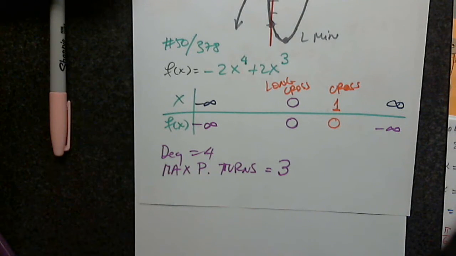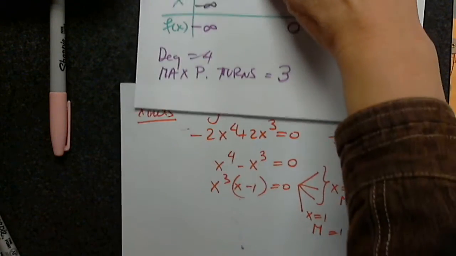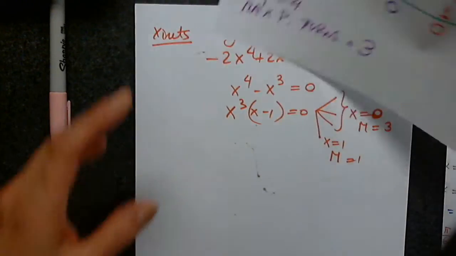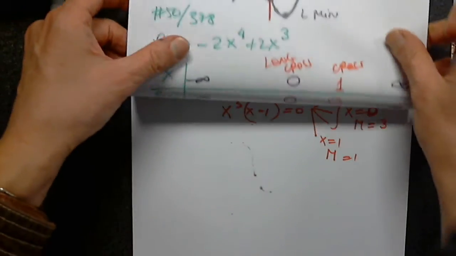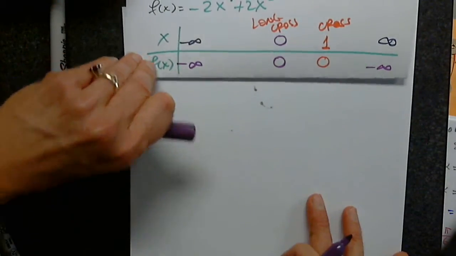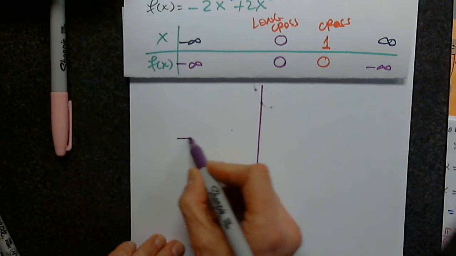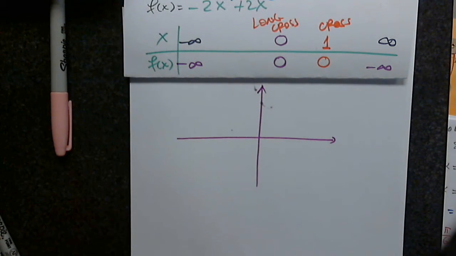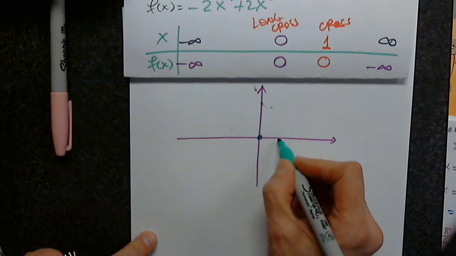We really don't need a calculator, right? Unless you want to determine the max-min. I only need my chart, nothing else matters anymore. I put all the information in my chart. Ready? Zero, 0. 1, 0.